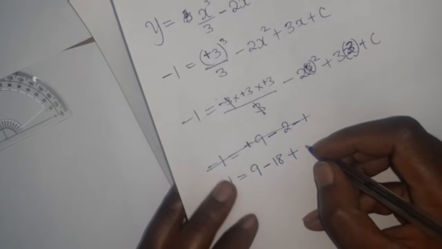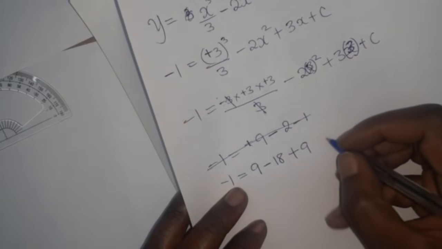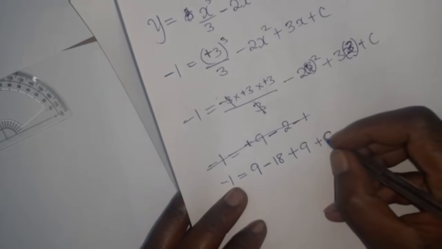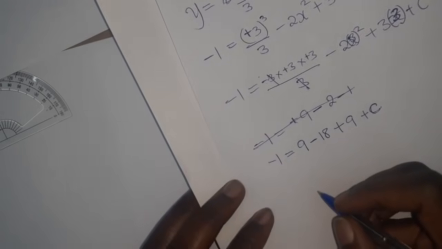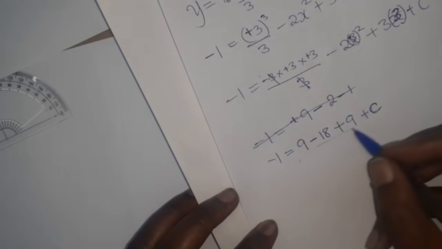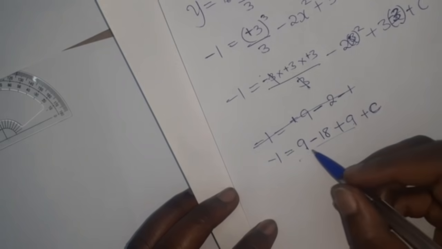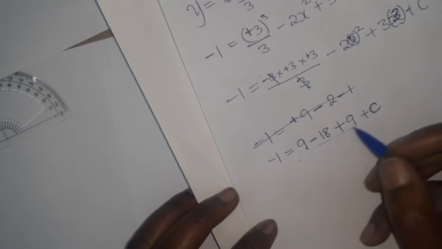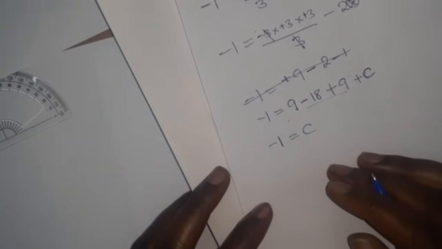We're going to get 9. Then plus c, okay, plus c. So we want to see how we are going to work this out. You will discover that this part, 9 plus 9, will give us 18. Then 18 minus 18 will be 0. So we're going to have this case.